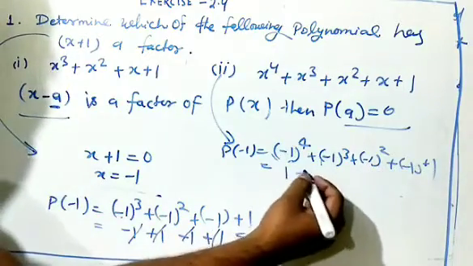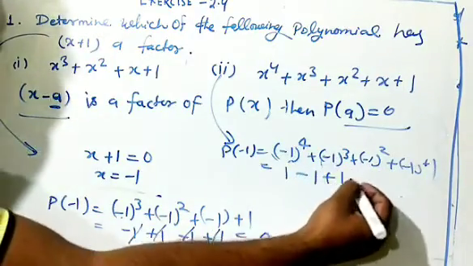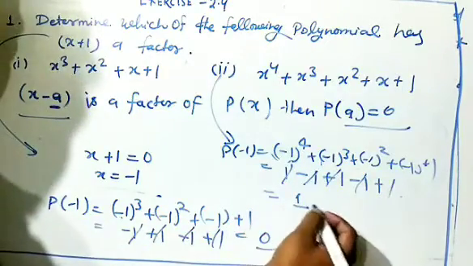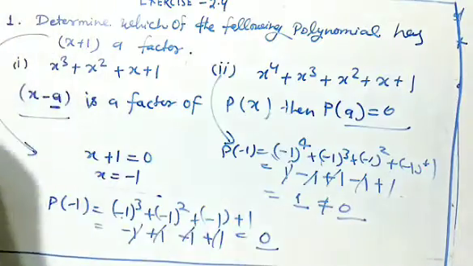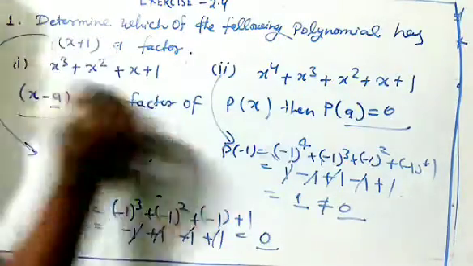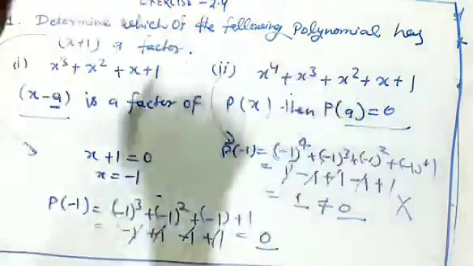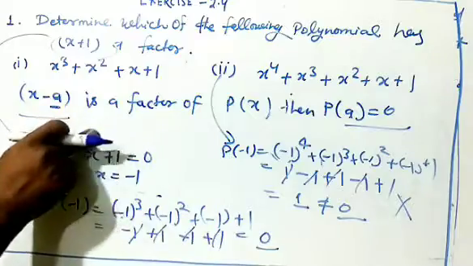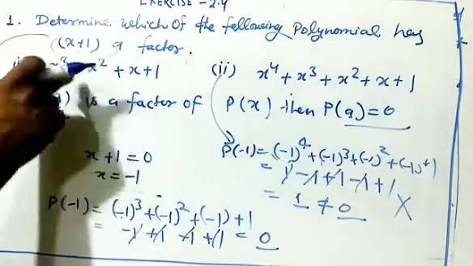This will be 1, this will be minus 1, this will be 1, this will be minus 1, this will be 1. It cancels and the remainder is 1, which is not equal to 0. It means that x plus 1 is not a factor of this polynomial. But in the first part we got the value of p of minus 1 as 0, which means that x plus 1 is a factor of the first polynomial.